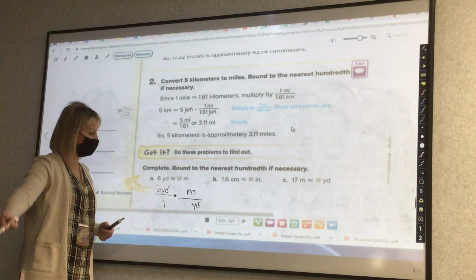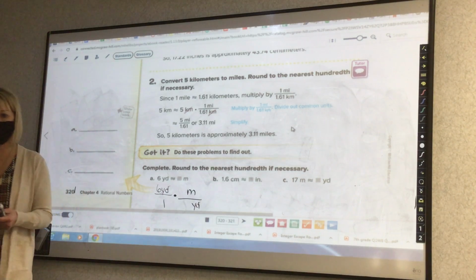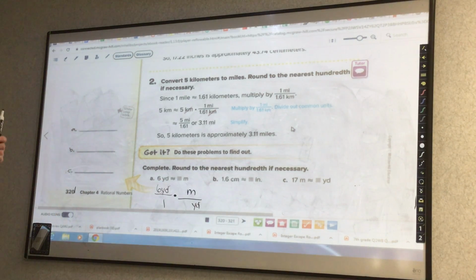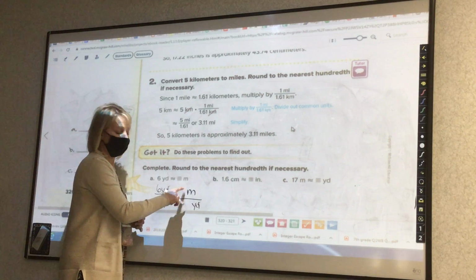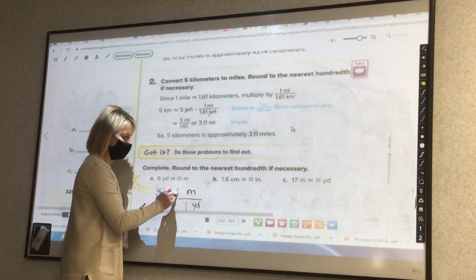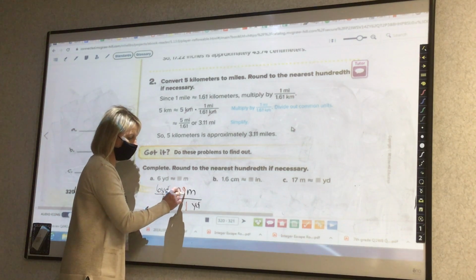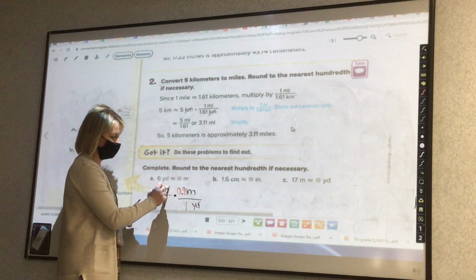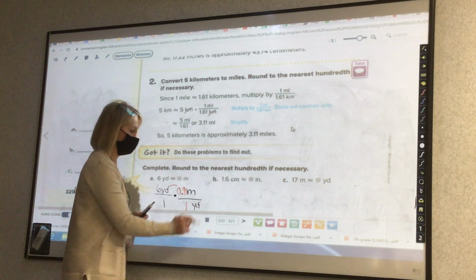How many yards are in a meter, or how many meters are in 1 yard? 0.91. Okay, so do I have the 1 as 1 yard or 1 meter? 1 yard. So I put my 1 here, and then how many meters is that? 0.91. So then it's just 6 times 0.91.